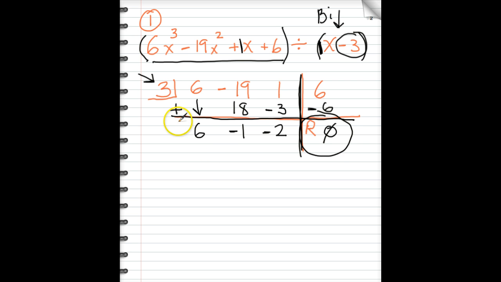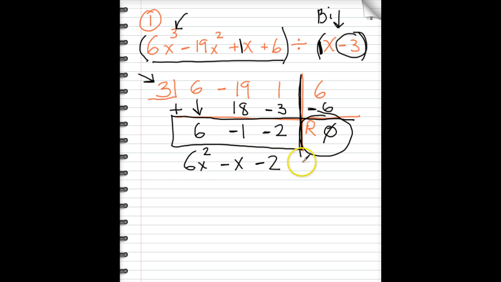Okay, so how do you take these coefficients here and put them back into a polynomial form? Well, when you synthetic divide, you always lose a power. So what I mean by that is the following. Our original dividend, the highest power was 3. So now the answer goes down to the second power. So this becomes 6x to the second, or squared, minus just the 1x minus 2.